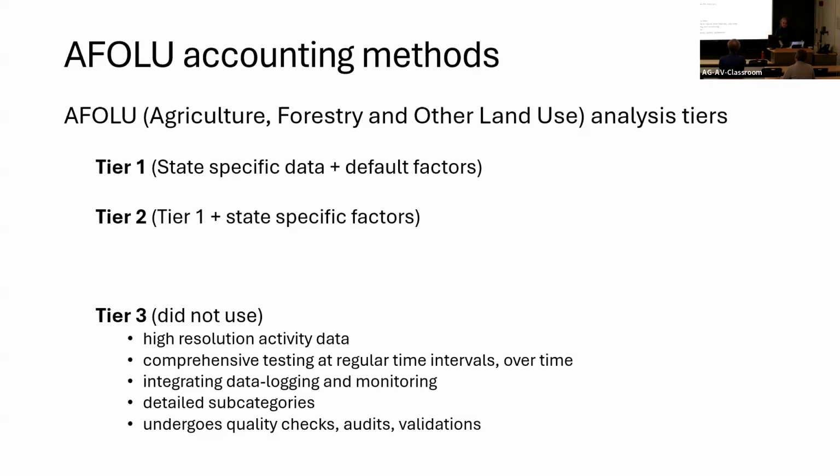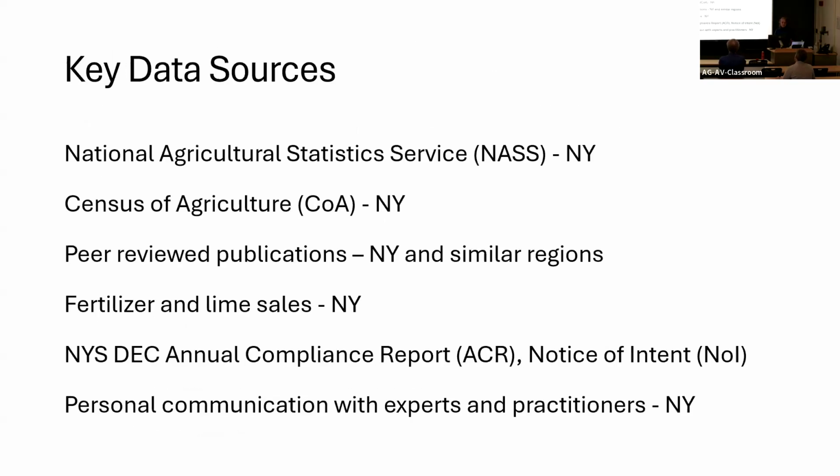We used what you're all familiar with, National Ag Statistics Service, Census of Ag, lime and fertilizer sales, annual compliance reports, notices of intent from the state, and personal communication, as well as literature.